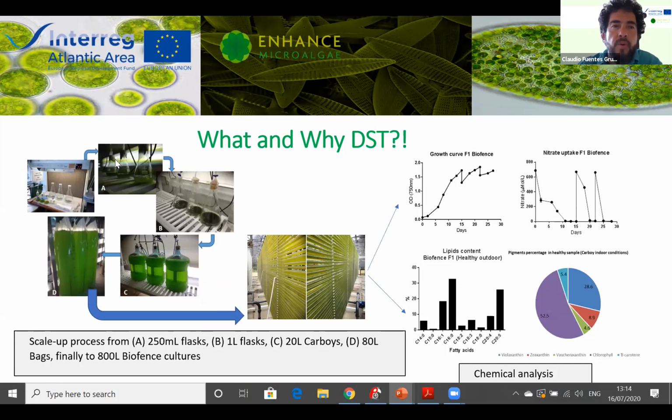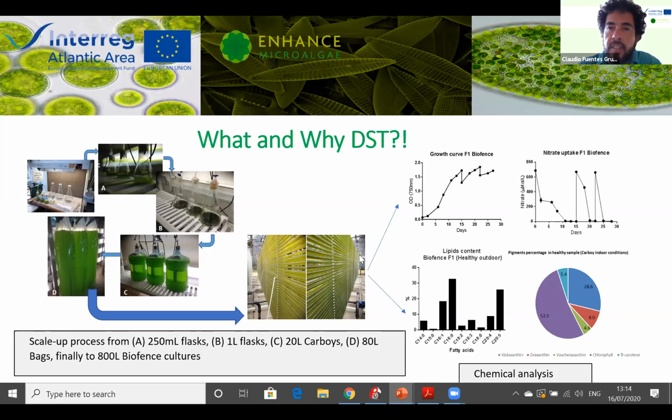We go from a tiny volume, less than 200 ml, then a liter, then 20-liter carboys, then an 80-liter bag, and finally our biofence, which is 100 liters each. But as you can imagine, each of these steps takes at least 7 days for Nannochloropsis. So it takes nearly 2 months to reach this stage, all right?